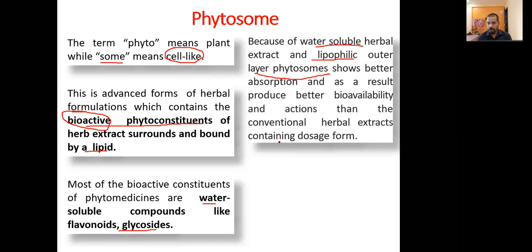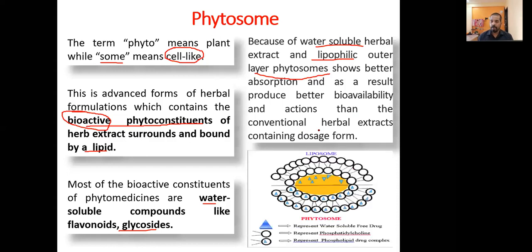Both the water soluble herbal extract and the lipophilic outer layer show better absorption, because both lipophilicity and hydrophilicity are there, and because of that it will enhance bioavailability and action compared to conventional herbal drug extracts. So because of the lipophilicity and the water solubility, it shows better bioavailability.